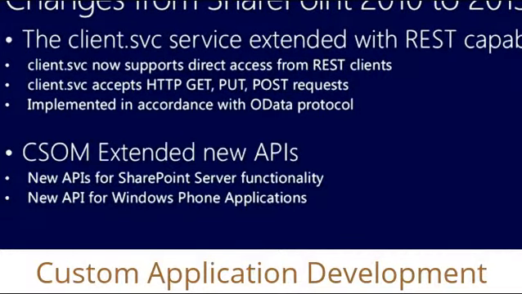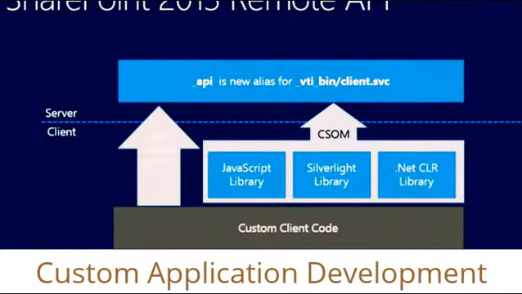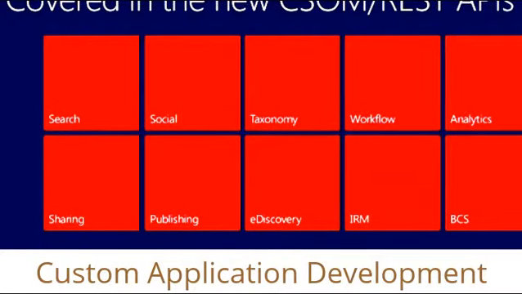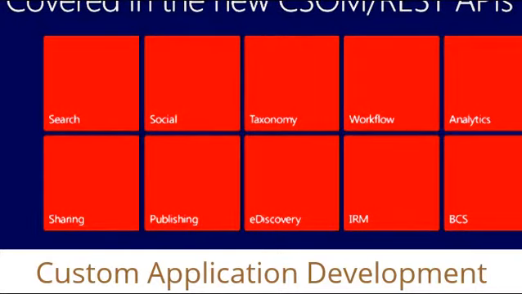The CSOM itself has been expanded, so it's now covering a whole lot of areas that were never available. To get into the details on that, think about search, social, workflow, publishing, BCS. All of these things are now available via CSOM or REST. A couple of interesting things. Again, it's good to have choices.